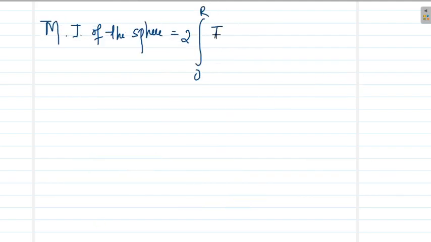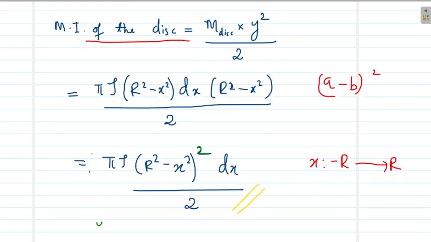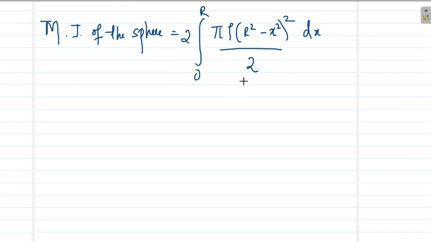This into pi rho (r square minus x square) whole square dx divided by 2. So this 2 will cancel out.